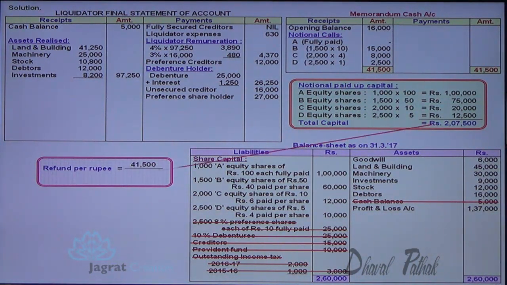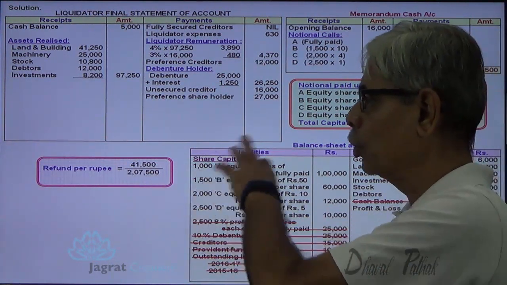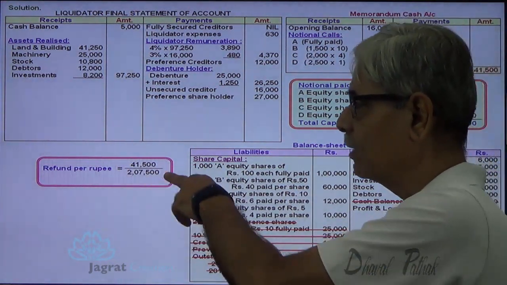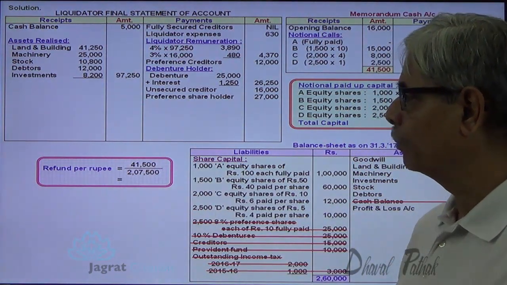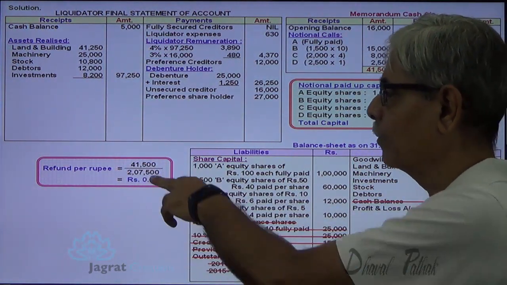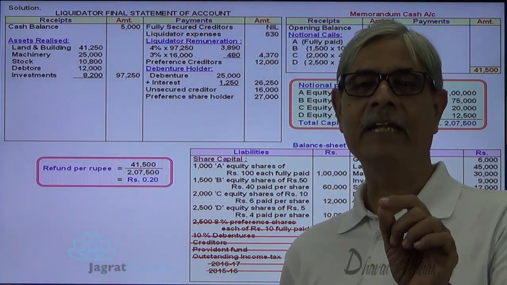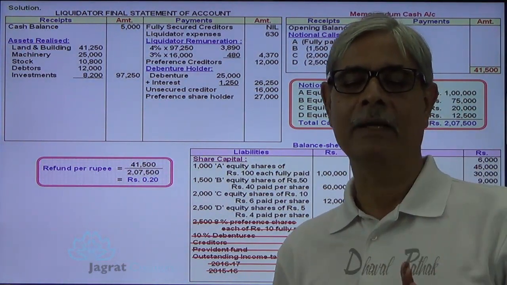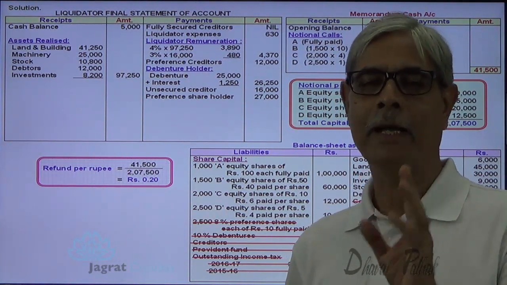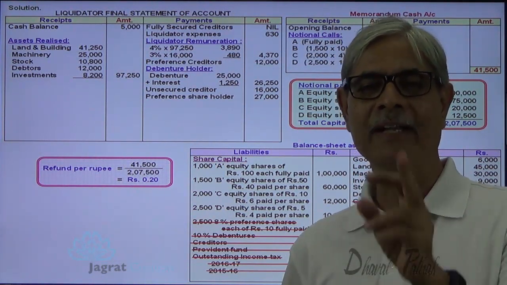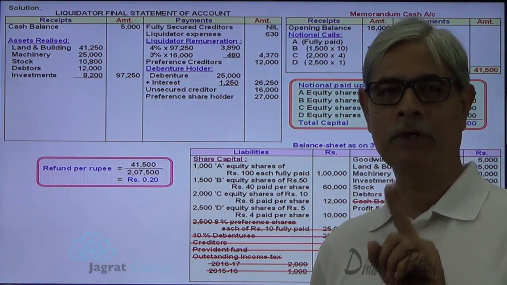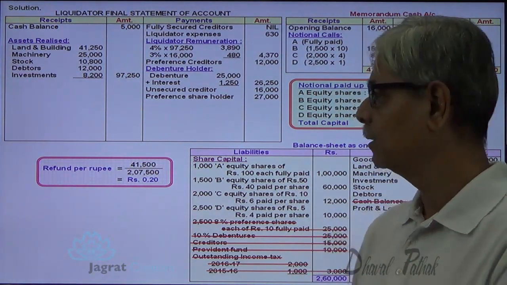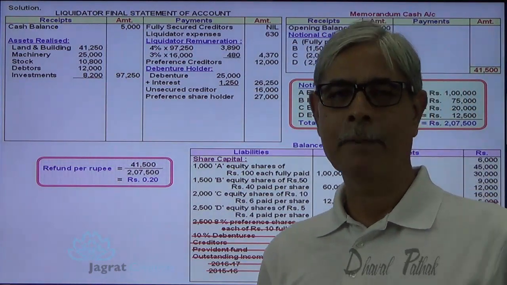So 41,500 divided by 2 lakh. 7,500, 15 5s are 75, 4 5s are 20, so 1/5. So it works out to be 20 paisa per rupee of share capital. So I am required to return 20% of the face value. Or per rupee, I am required to refund out of funds available 20 paisa per rupee.